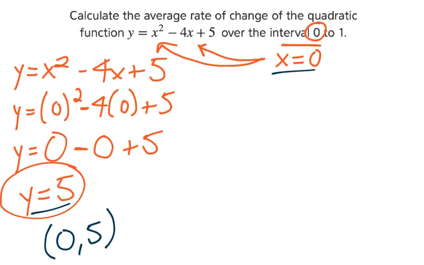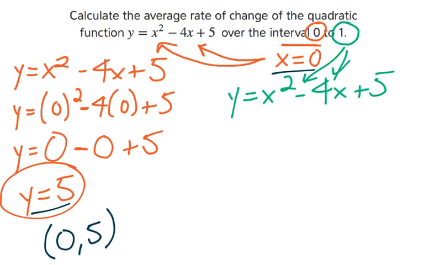The other point, let's pick the other interval boundary, which is 1. Let's plug that into the equation as well. Y equals x squared minus 4x plus 5. I'm plugging in 1 now. Y equals 1 squared minus 4 times 1 plus 5.